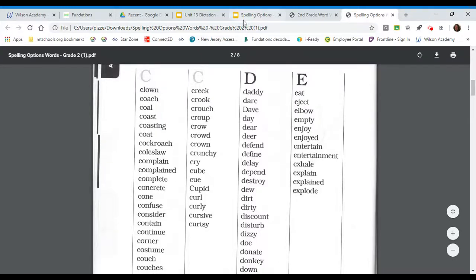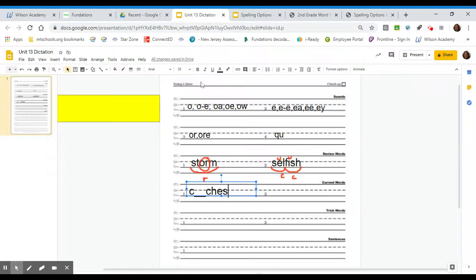C-O-A-C-H. For the markup. Scoop that base word, that's one syllable. Circle your suffix, and then mark your vowel, circle that, and mark it with a D for double vowel syllable.